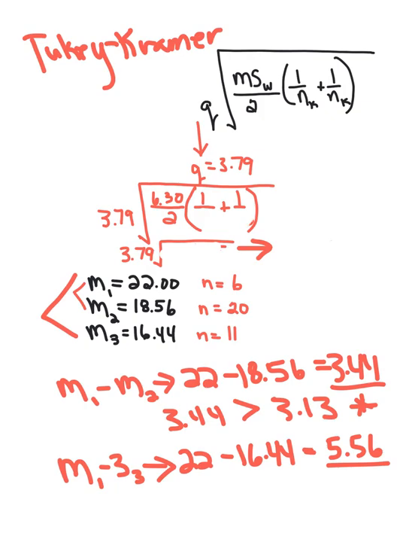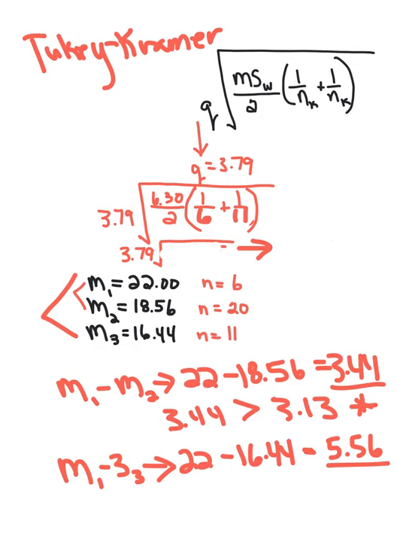So I'm going to replace those things. So my first group is actually still group 1, so that didn't change. That's 6 still. But then my second group is this group 3, which has a sample size of 11. So that does change. So now what I need to do is calculate that error for that Tukey-Kramer to plug it into that square root.